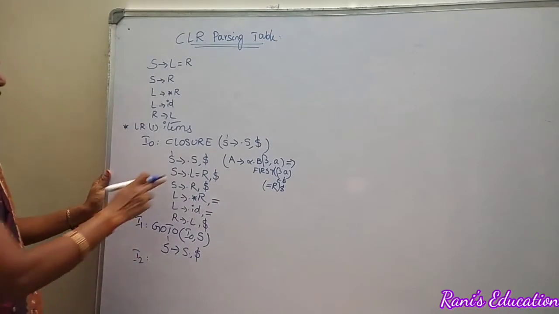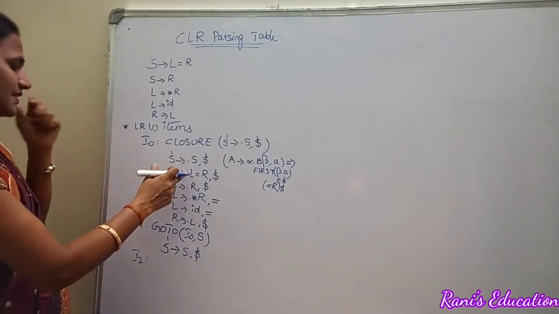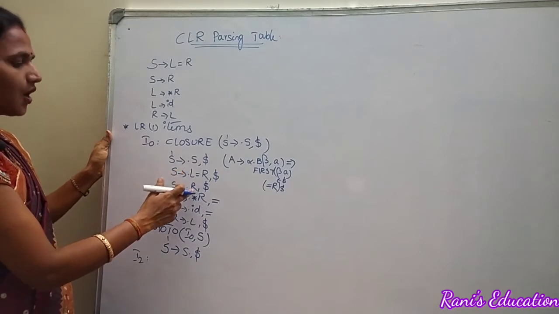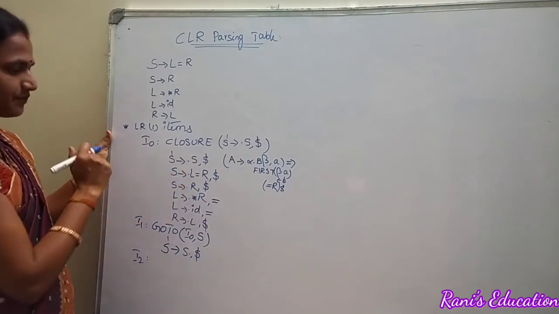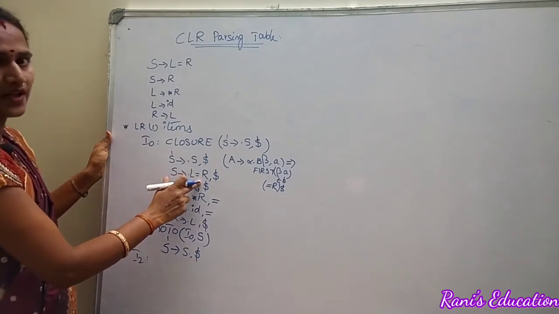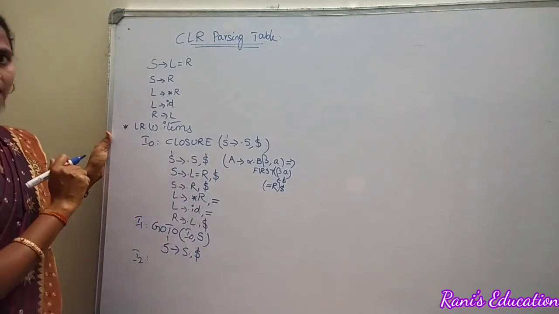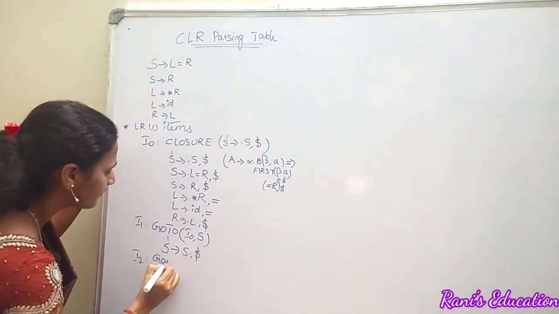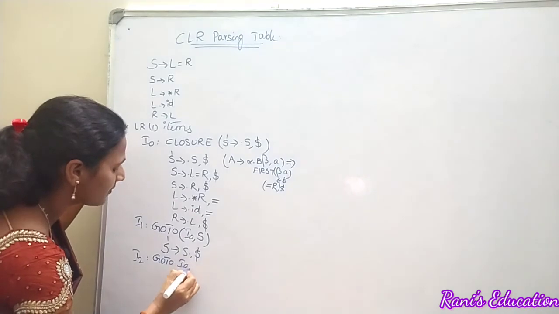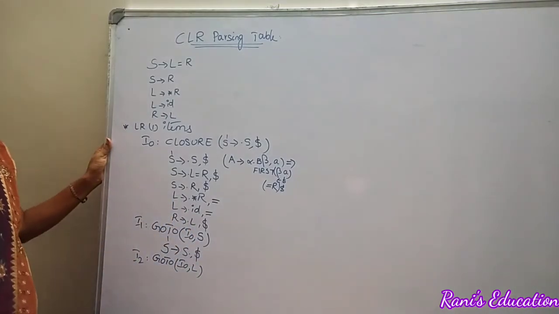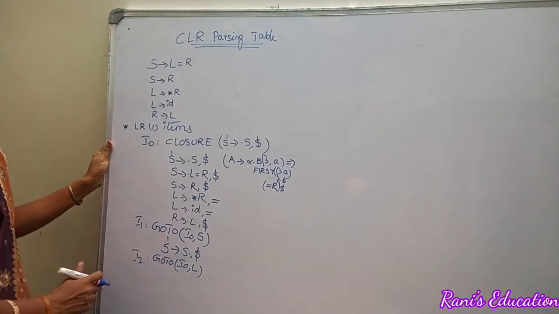Second item. What is the next grammar symbol present in the I0 items? The RHS, that is L equal R or asterisk R or id. Now for the next grammar symbol I am going to consider L to change the position of the dot. So goto of I0 comma L. Now what will we get here?